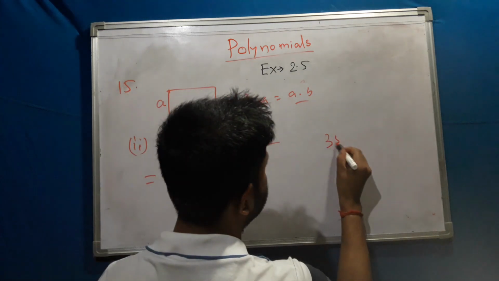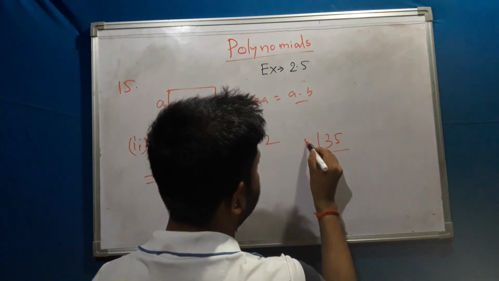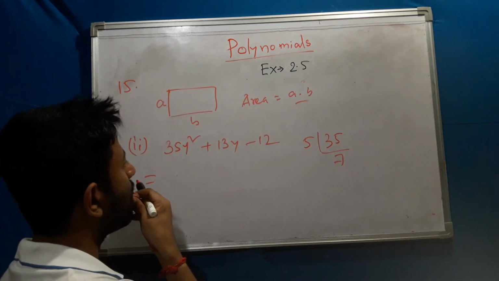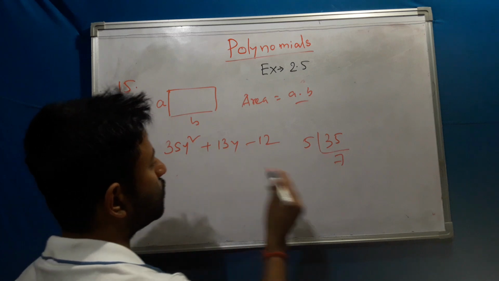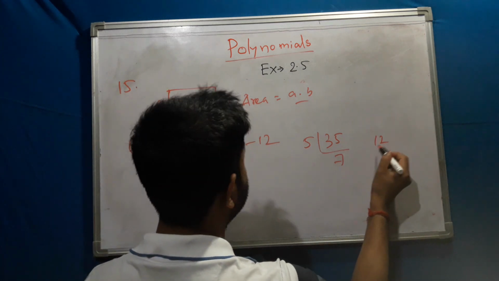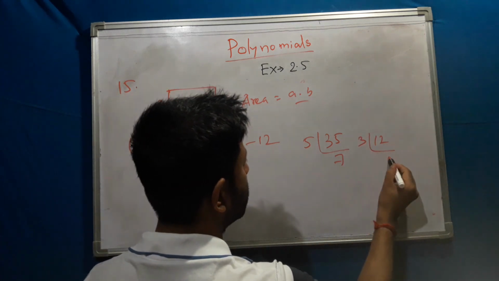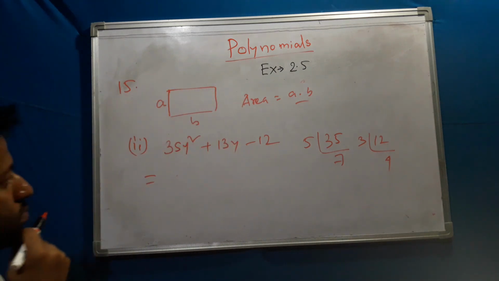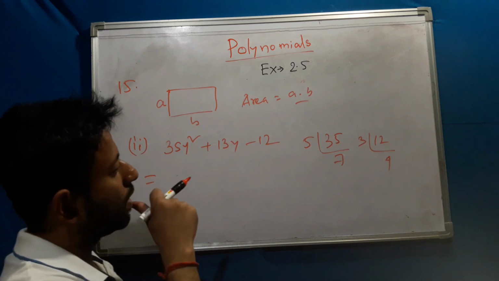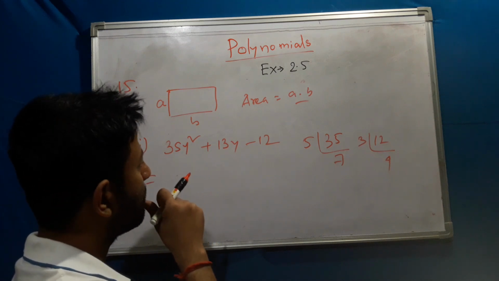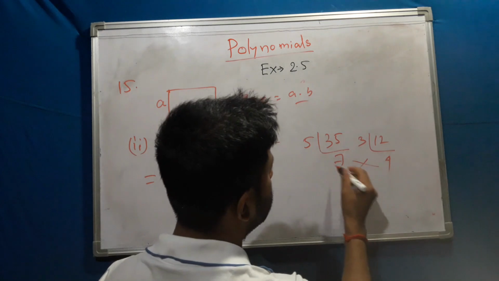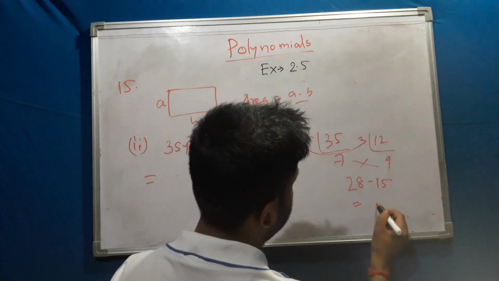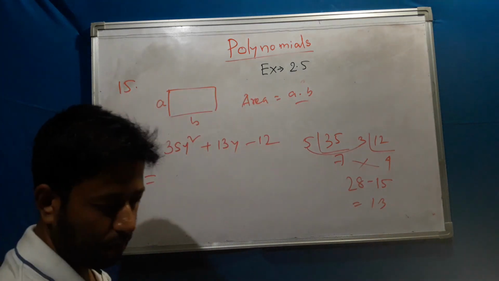So 35 I can write as 5 into 7, and this 12, again 12 I can write as 3 into 4. So now I have to subtract and match 13. I multiply this one and this one, so it comes 28 minus 15. Yes, that's 13.